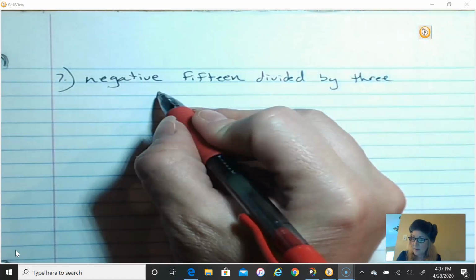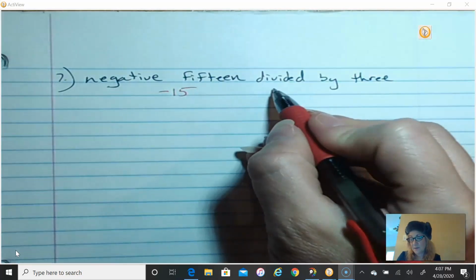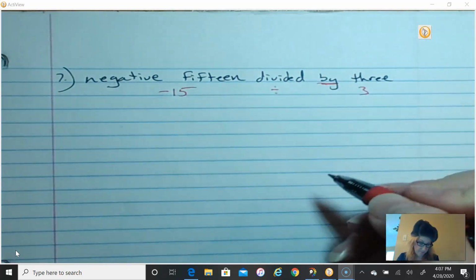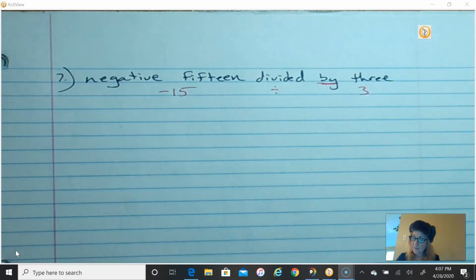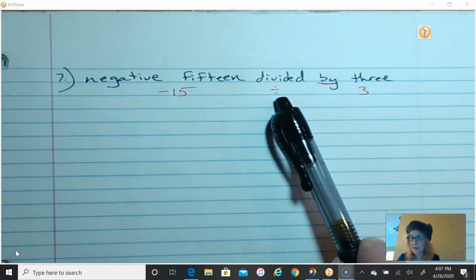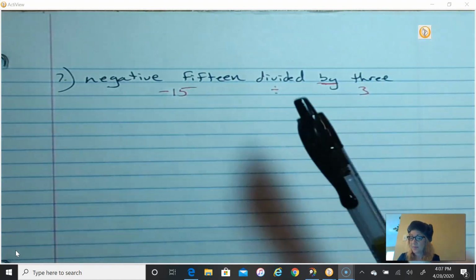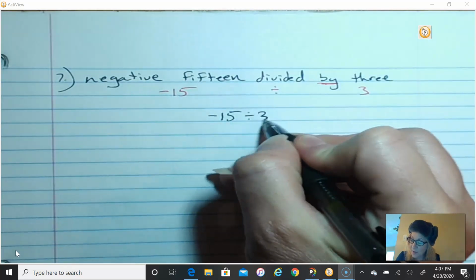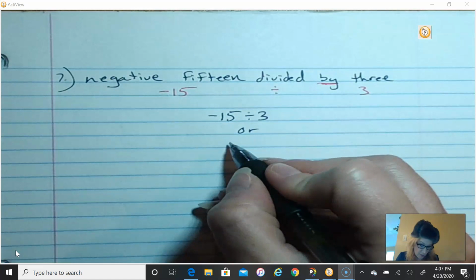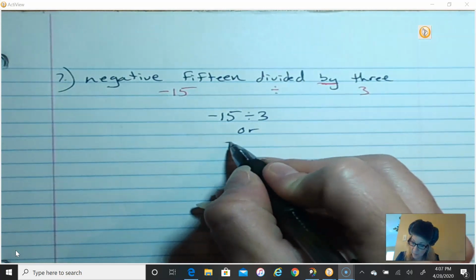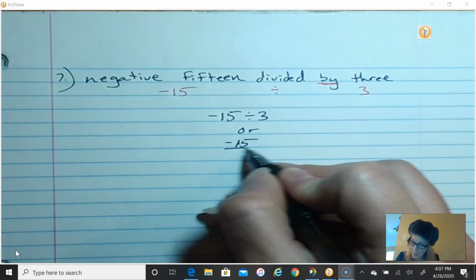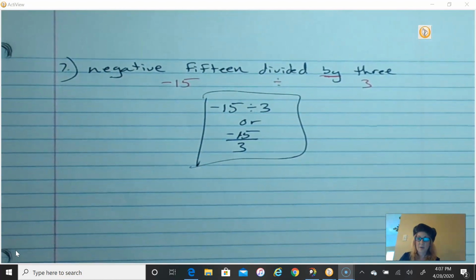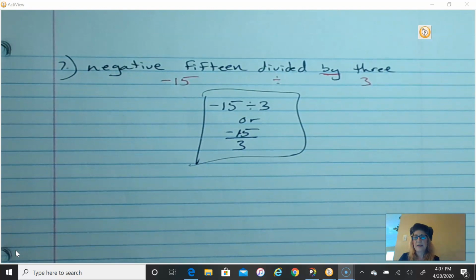Negative 15 divided by, that's a key word, by 3. So negative 15 is being divided by 3. So you would write it as negative 15 divided by 3, or you could say negative 15 divided by 3. With algebra, that's what y'all need to be doing. Okay?